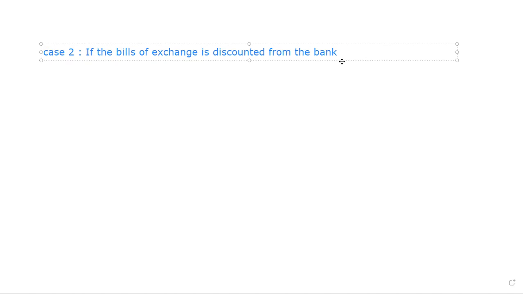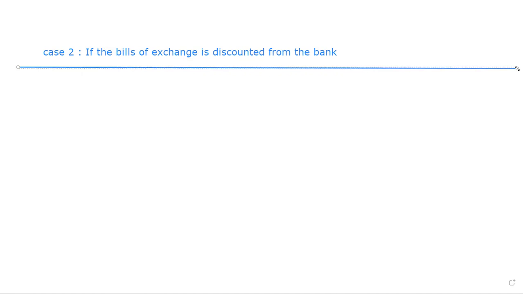X will just give this bill to the bank and tell them that after 1 more month the bill is to be paid by Y, and I need the money right now, so please give me the money. And what will the bank do? The bank will deduct the interest on that, which is considered the discounting charges, and pay the money to X.